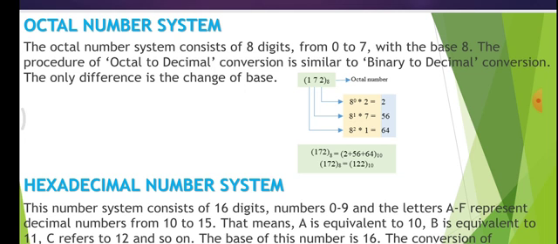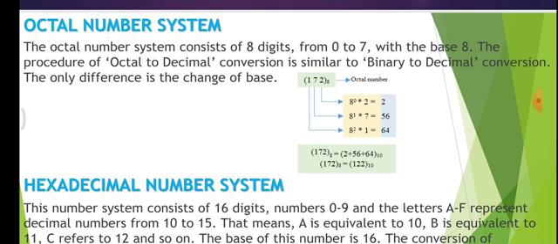We have an example. We have an octal number 172. We will convert this octal number to the decimal number. So we will start from the right digit, that is 2. So 2 multiplied by base 8 whose power is 0, 7 multiplied by base 8 whose power is 1, plus 1 multiplied by base 8 whose power is 2.